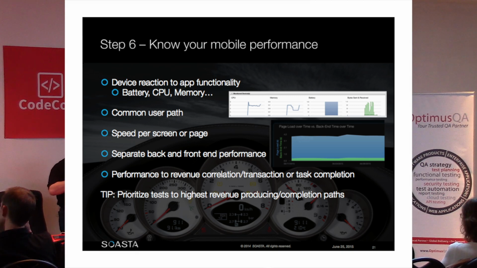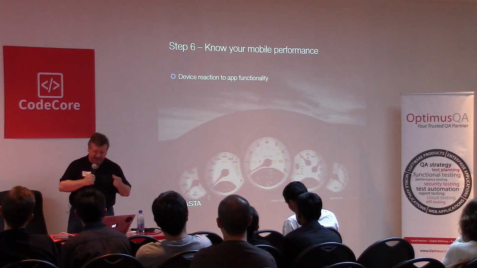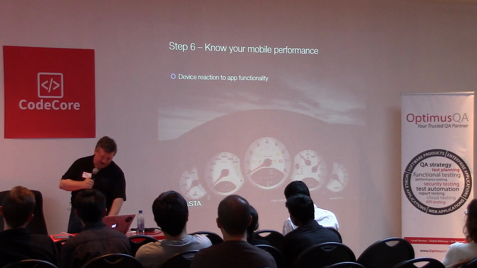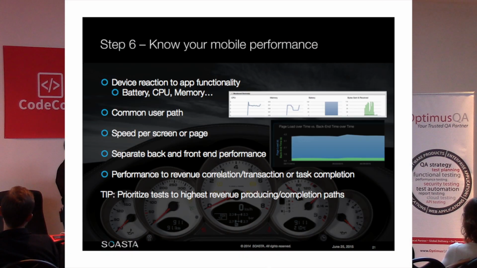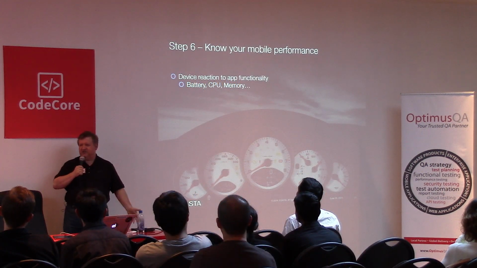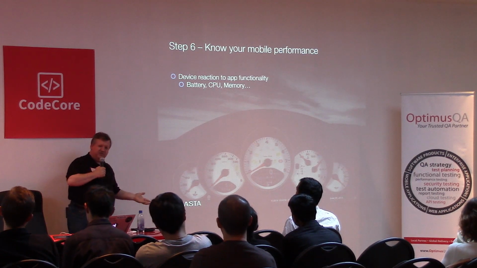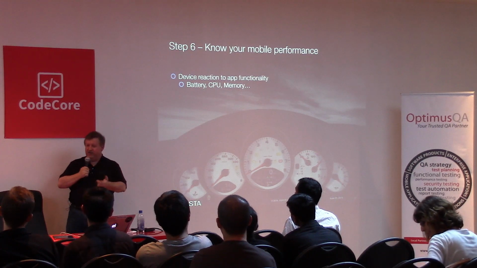How is the device actually delivering your app's functionality? Is it delivering it in a snappy way, or is it setting the spinner up and causing your customers to be quite frustrated with how long it takes? Some of the things that affect that might not even be within your control, because if the customer's battery is low, there might be some CPU throttling affecting the performance of your app, but you need to know how your app is affecting the battery.